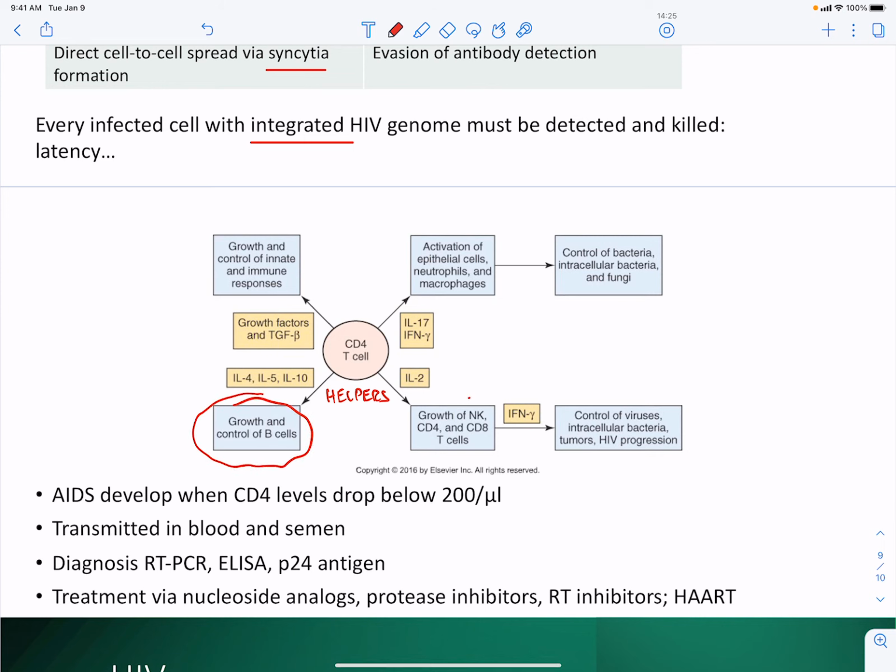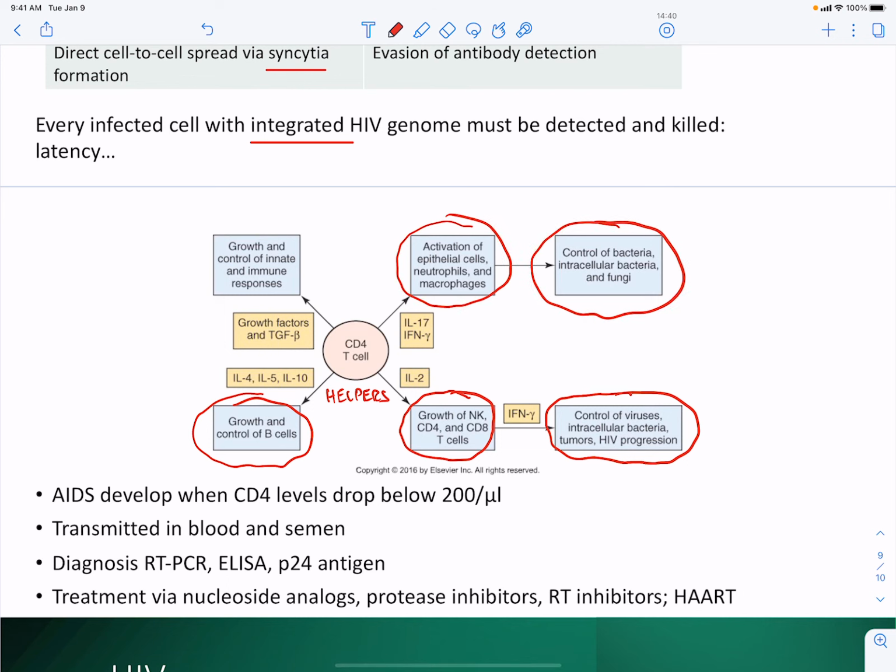They're going to help your natural killer cells, CD8 T cells. They're going to help in the control of viruses, intracellular bacteria, tumors, etc. They're going to activate your innate immune response and control bacteria, especially those extracellular bacteria and fungal agents. And they're important in releasing growth factors for just normal homeostatic immune function.